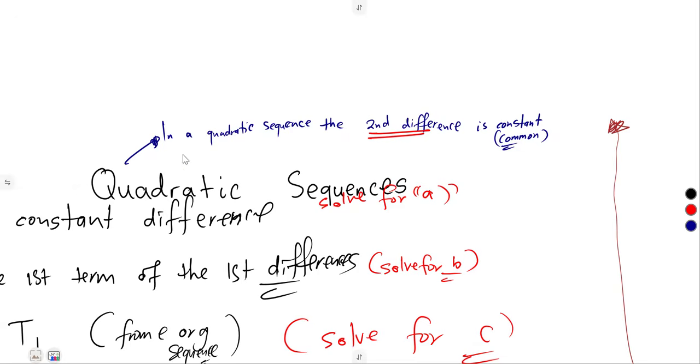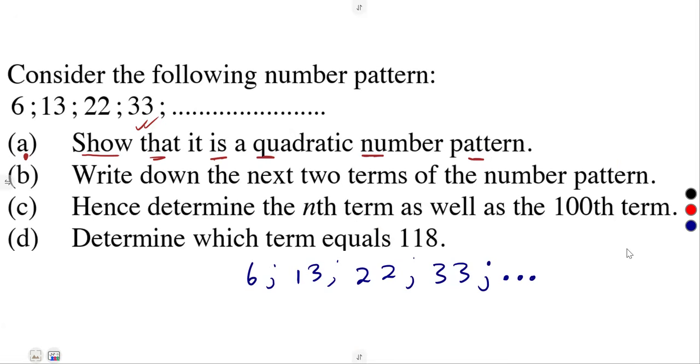In any quadratic sequence that you might be given, the second difference is constant, or common. That is what we can use as proof to say the second difference is constant. It is the same. So let us prove that.